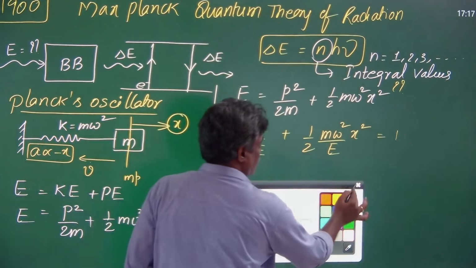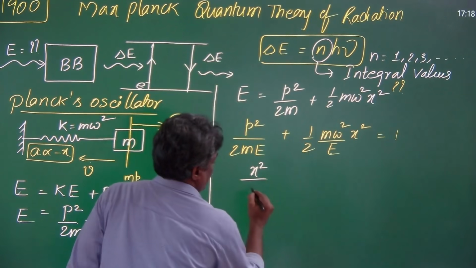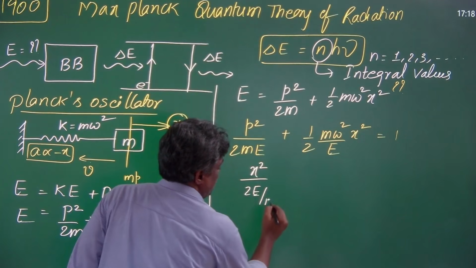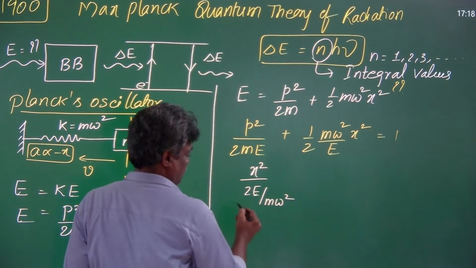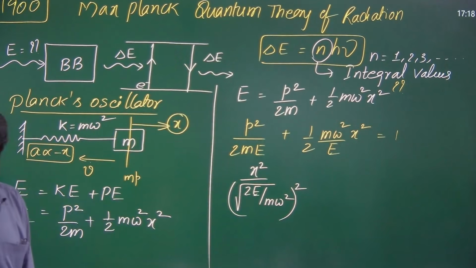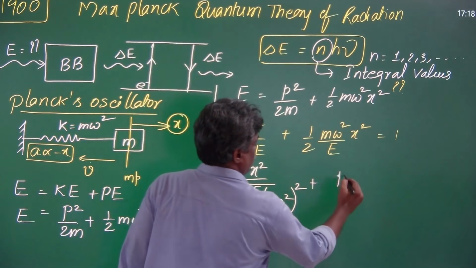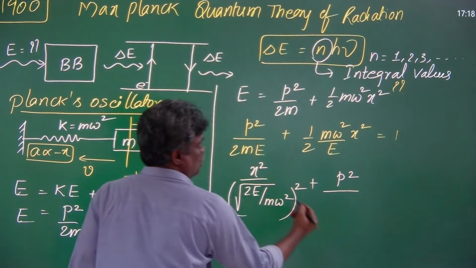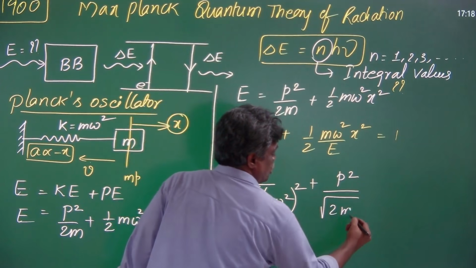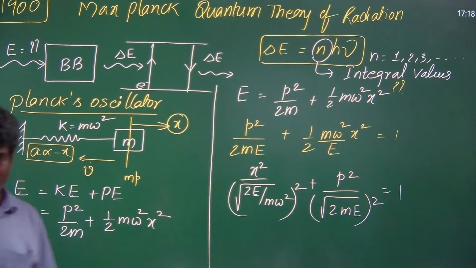Now let me rewrite this: x square over the square of root of 2E by m omega square, plus p square over the square of root of 2mE, equals 1.